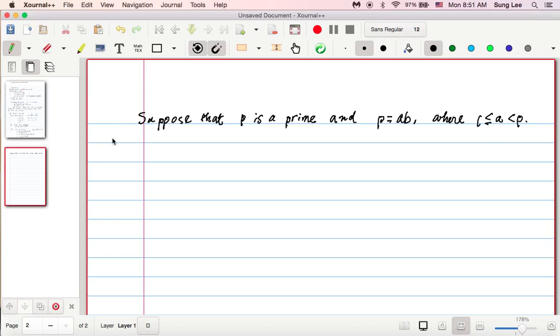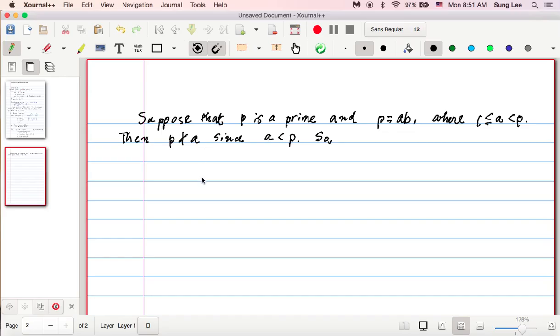Now, with this assumption that A is less than P, of course P cannot divide A, since A is strictly less than P. By the definition of a prime number, remember, in our definition, if P is a prime number, for any given integer A, either P divides A or P and A are relatively prime.